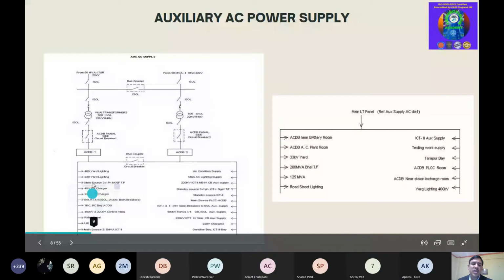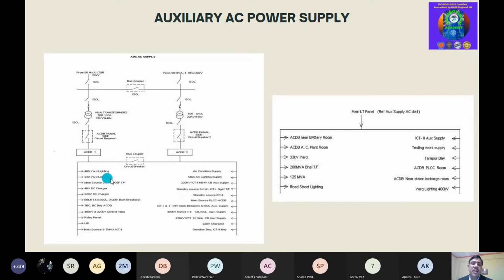Also there are many other distribution feeders. As per the application, we divide. Generally we make the arrangement like that. For every equipment there should be two sources. If one source fails, the other should take over, so there should be an auto changeover arrangement also. So this is the bus coupler.